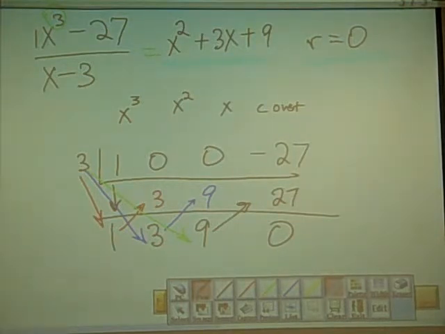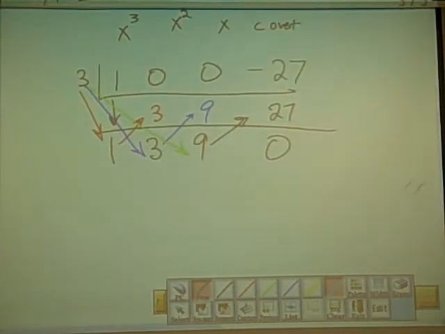Okay, for this next one, we're going to look at what if we need a quotient and we need to use the remainder theorem.